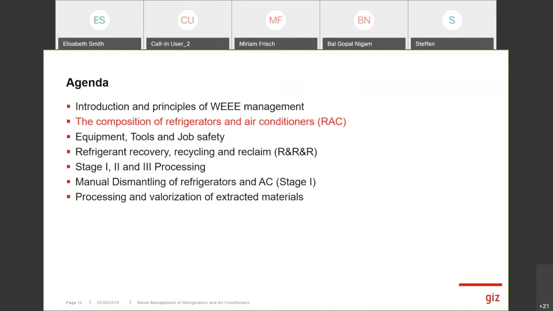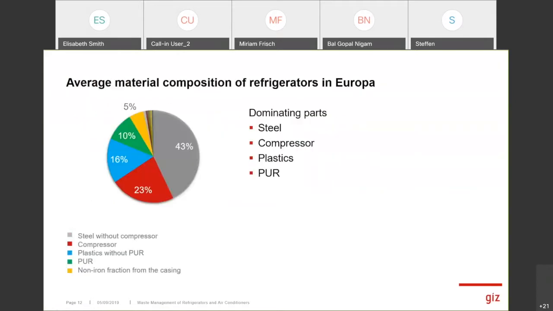The second point now for the agenda is the composition of refrigerators and air conditioners. We start with the average material composition of refrigerators in Europe. You can see very easily that the dominant parts are steel, and the compressor, which is separately shown here, which also has steel and copper.